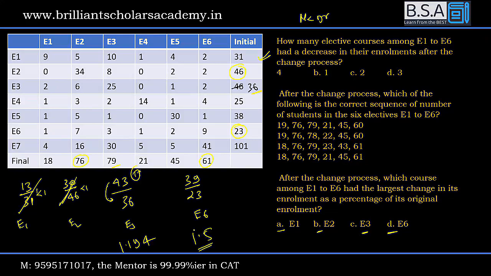Which one seems larger? 1.5 seems larger. So if the question was what is the growth, there is 150% growth. The growth in E6 is 150%, which is the highest. What is the growth in E3? It is 119.4%. We have dealt with percentages and ratios in a lot of detail earlier, so that should not be a problem.